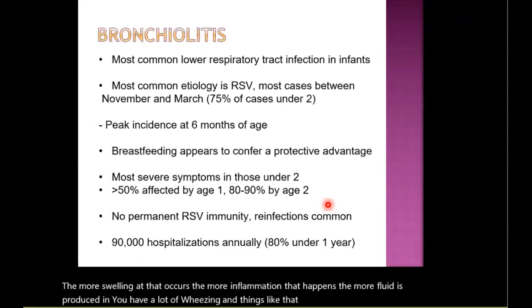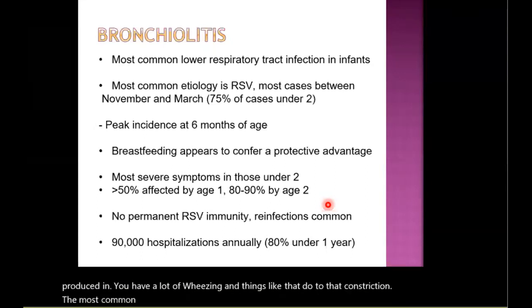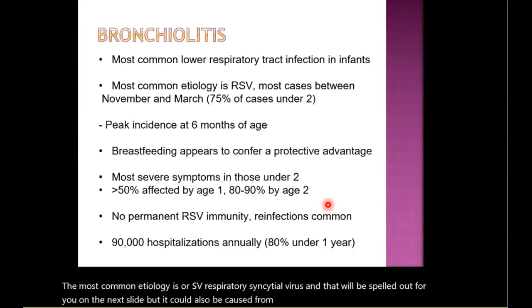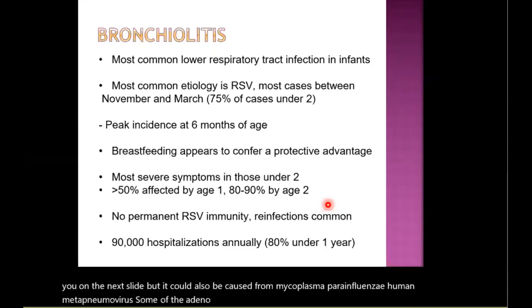The most common etiology is RSV, respiratory syncytial virus, and that will be spelled out for you on the next slide. But it could also be caused from mycoplasma, parainfluenza, human metapneumovirus, some of the adenoviruses. Other things can cause bronchiolitis, okay? But frequently it is caused by RSV.